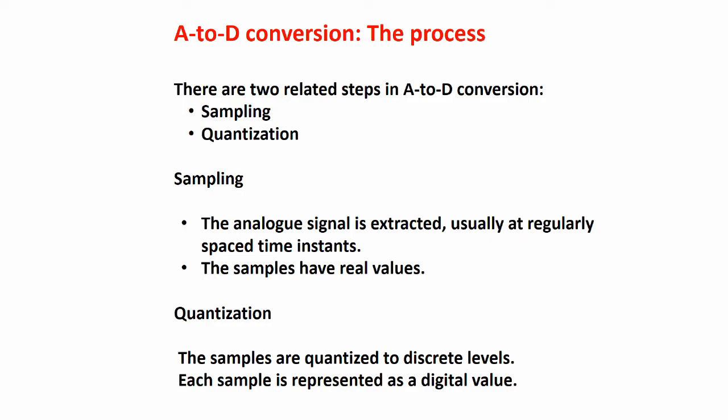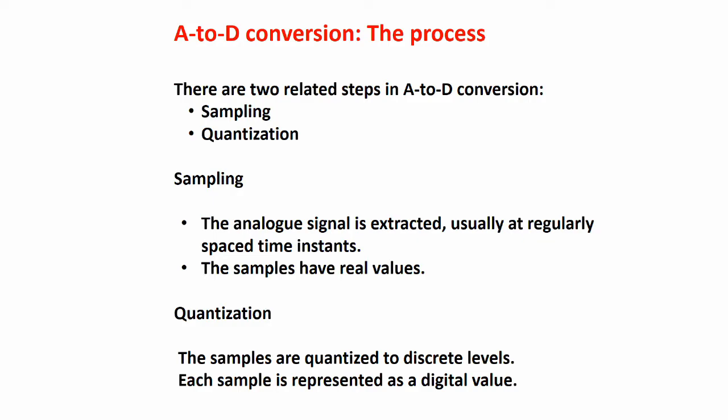For example, if we sample the signal at some time instance T, 2T, 3T, 4T, where capital T is nothing but a sampling period, and corresponding values we are getting 2.1, 3.3, 4.4, like that. So if it is 2.1, then naturally we have to truncate it to 2.